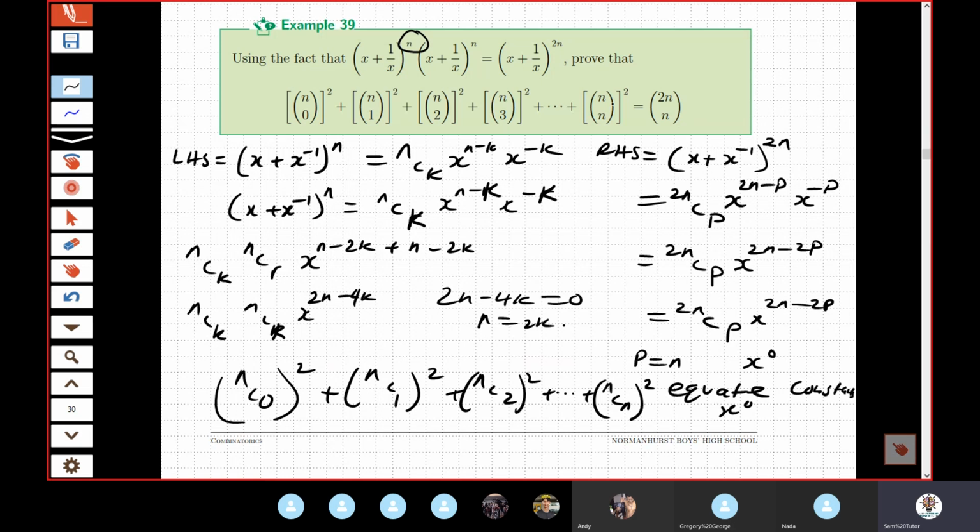Well, it says prove this. So all I was trying to do is just prove that nCk, nCk. And I can see that's n choose 0, then nC1, nC1, which is nC1 squared, plus nC2, nC2, which is nC2 squared, and so on. I just wasn't getting the squared when there was the r here. This is just a condition for this to occur.